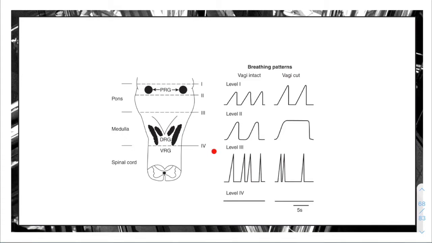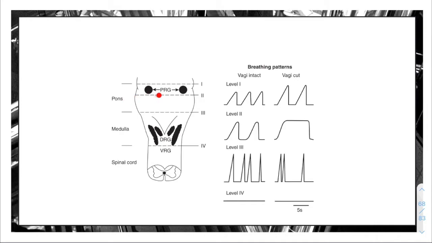If the brainstem is transected immediately caudal to the inferior colliculus, at level 1, the breathing pattern shows an essentially normal balance between inspiration and expiration. Even if the vagus nerves are transected, you have a seemingly normal inspiratory and expiratory pattern.